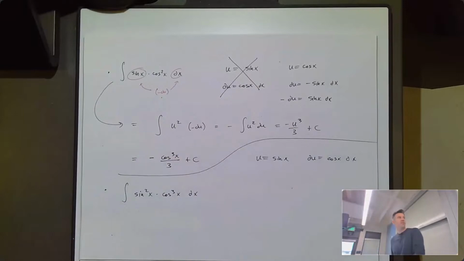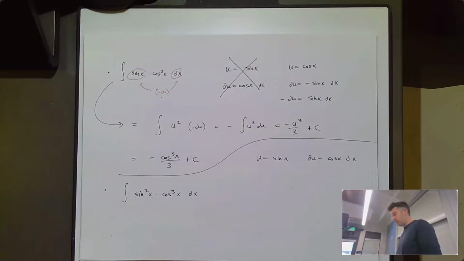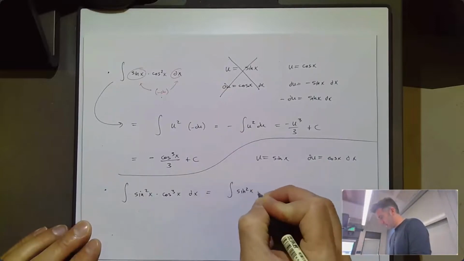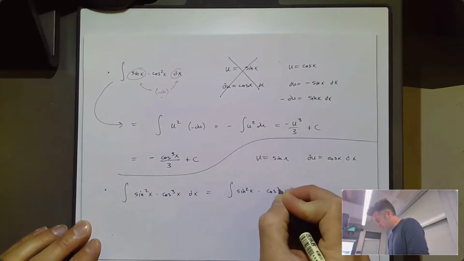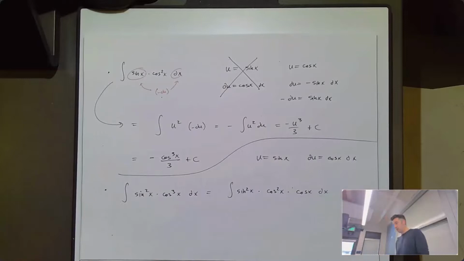Now, why is this a choice that's going to work? Well, it doesn't actually look so great so far. So what I'm going to do is I'm going to say, well, I have a cosine x dx. I need to break that off. Typically, especially with trig functions, I usually like to write this as this. So I took my cosine cubed x and I stole one of the cosines from it to take care of my du issue.